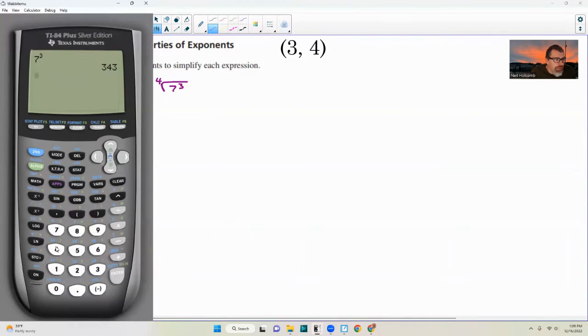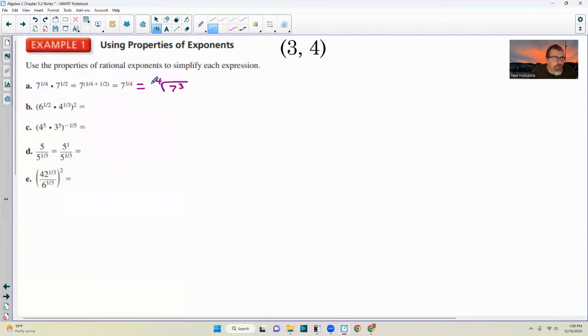I got 4.303, so it's irrational. So we could just leave it as 7 to the 3/4, or the 4th root of 7 cubed. There it is, the 4th root of 7 cubed.